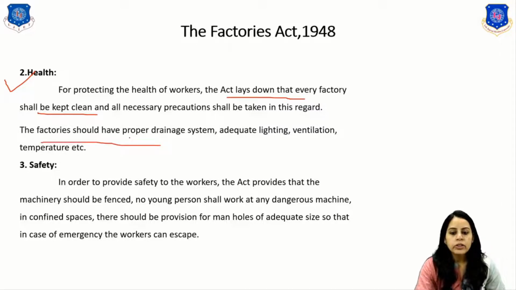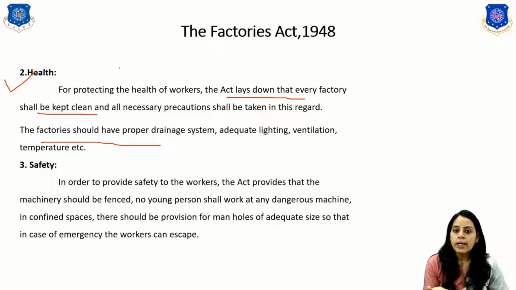The factory should have a proper drainage system and adequate lighting, ventilation, temperature, etc. And the basic needs: adequate arrangement of drinking water facility, and sufficient latrines and urinals should be provided at a convenient place, easily accessible to workers, and must be kept clean. So this is all about health.